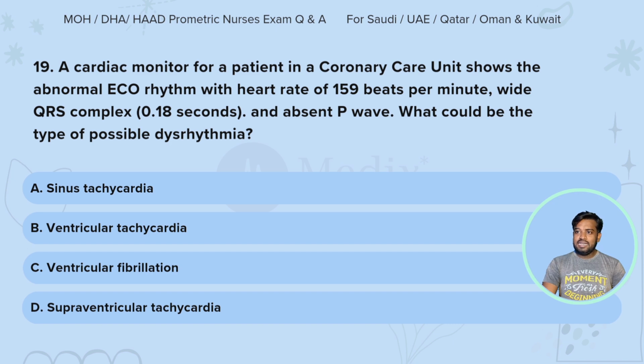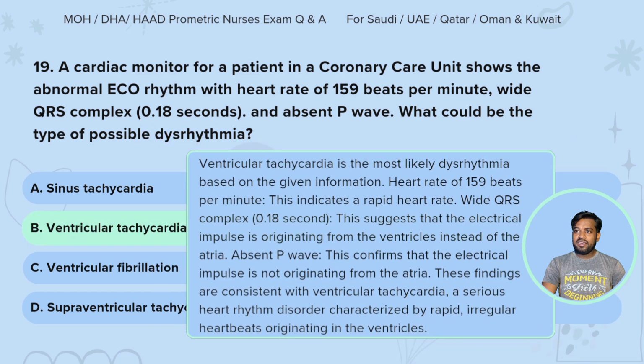The correct answer is B. Ventricular tachycardia is the most likely dysrhythmia based on the given scenario. Heart rate of 159 beats per minute indicates a rapid heart rate. Wide QRS complex suggests that the electrical impulse is originating from the ventricles instead of the atria.